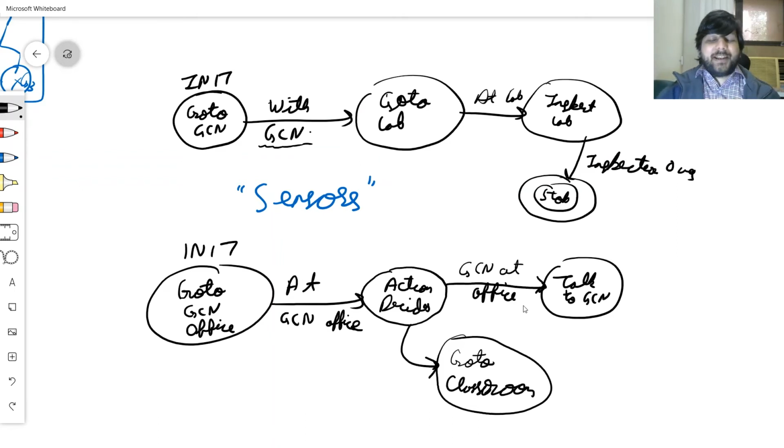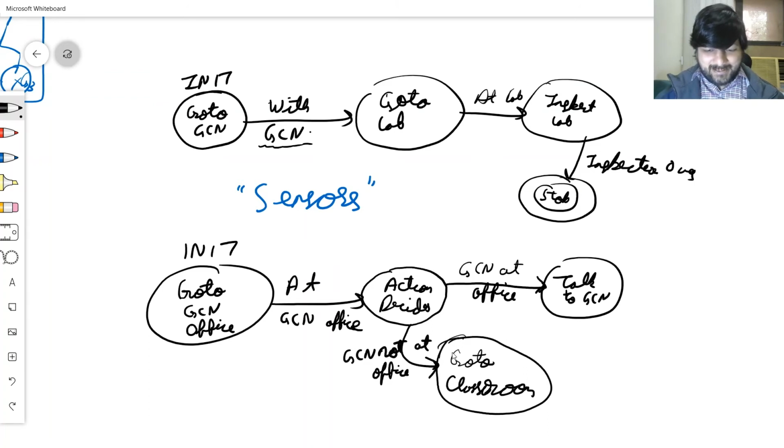If my colleague was at office, then I just straight away talk to him. On the other hand, if my colleague was not at office, then I have to go to the classroom. I can invoke the same sensor again, but then again, if he's not there in classroom, it becomes ambiguous. Where is he? I'm concerned about it.